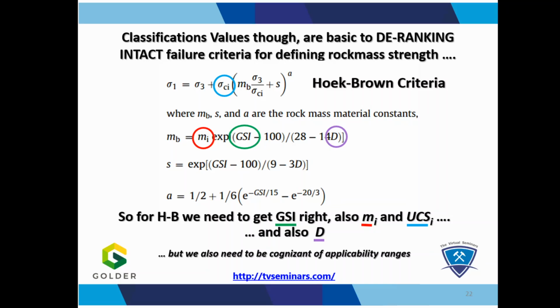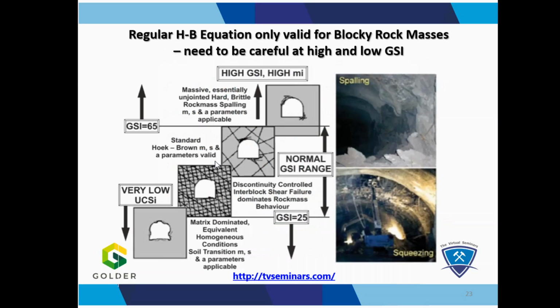We also need to understand the damage criteria D. I'm not going to go into any detail on any of these except MI, and also the ranges of applicability of when the normal Hoek-Brown equations are valid. If we're dealing with high GSI, high MI rocks, or low GSI, very low strength rocks, then maybe our normal equations are not valid.